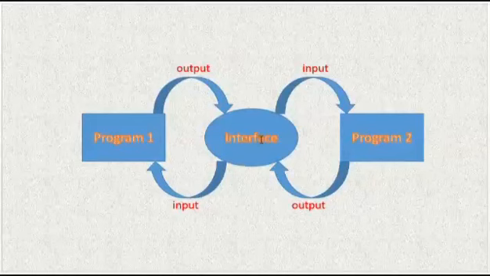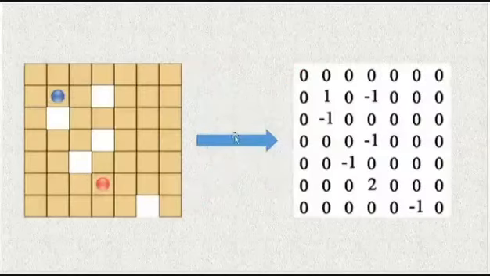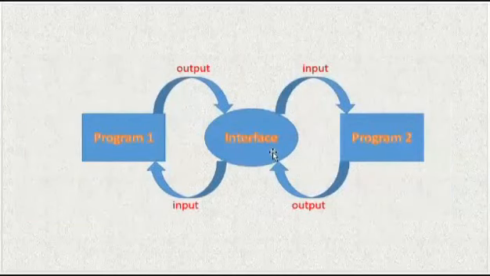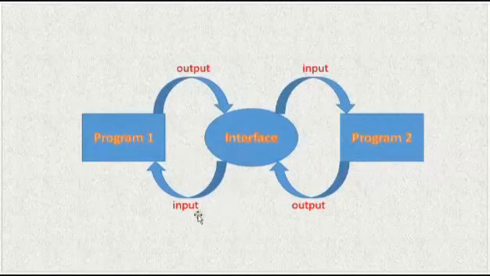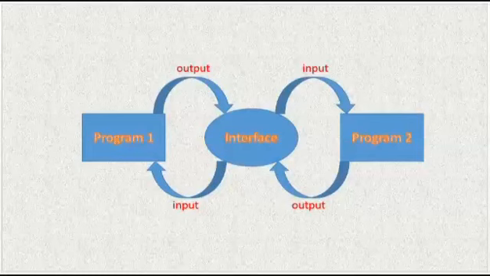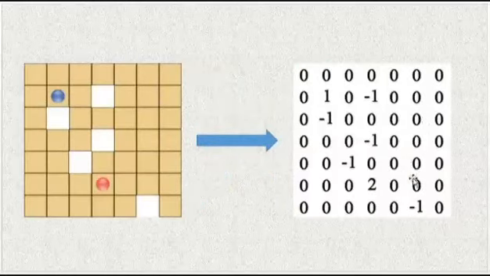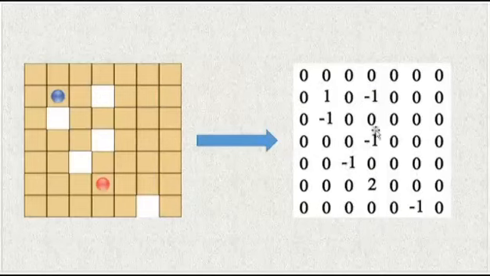The interface will make the changes to the board accordingly, and it will give that board as input to player 1's program, like this: player 2 has given his output, the interface will change it, and give the board as input to program 1. Once again program 1 will get a 7x7 matrix, which is of course not in this form, as it will have changed, like -1s might be here or somewhere here, and the 2 might not be here, it might be here.